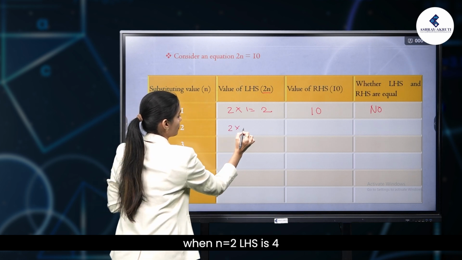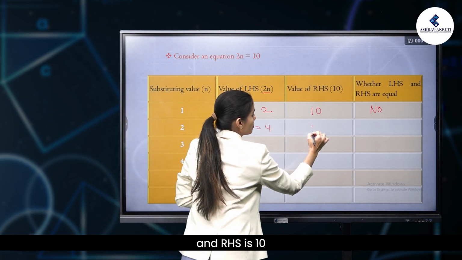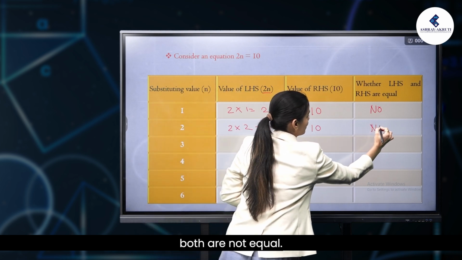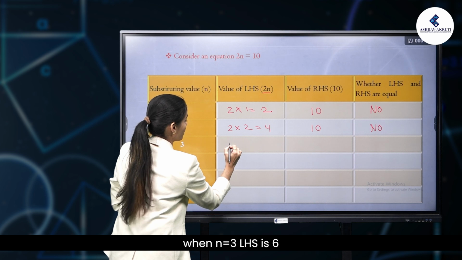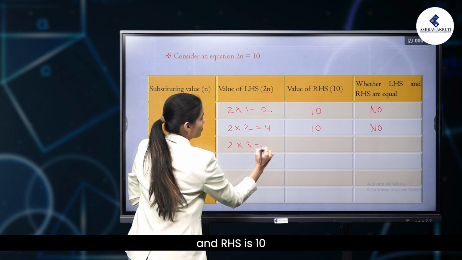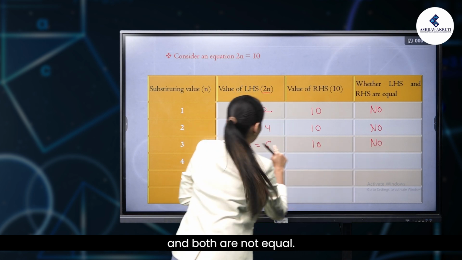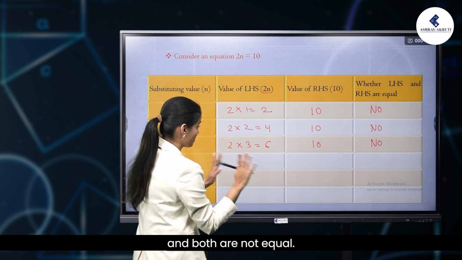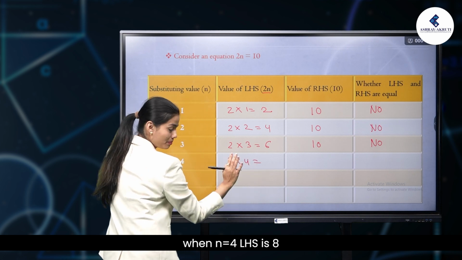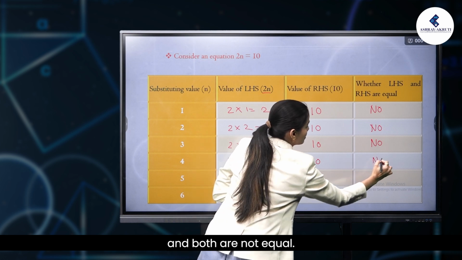When n is equal to 2, LHS is 4 and RHS is 10. Both are not equal. When n is equal to 3, LHS is 6 and RHS is 10 and both are not equal. When n is equal to 4, LHS is 8 and RHS is 10 and both are not equal.